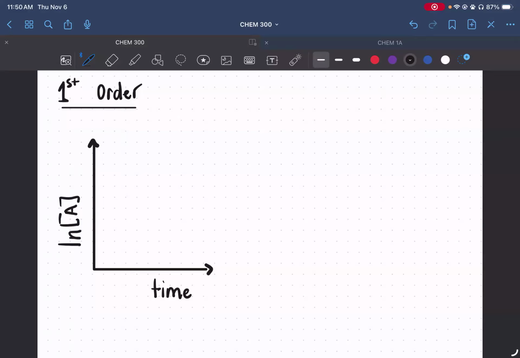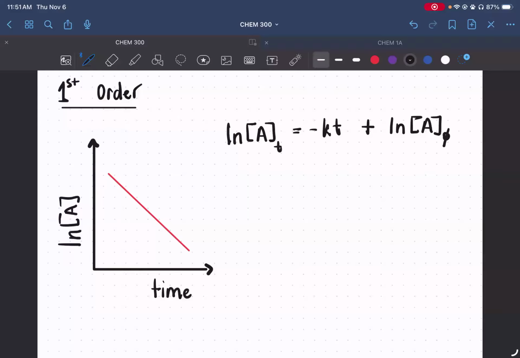In the case of a first order reaction, with its y-axis being ln, its slope is again negative, such that we're able to say that its integrated rate law is simply ln of At is equal to negative kt added to ln of A naught.